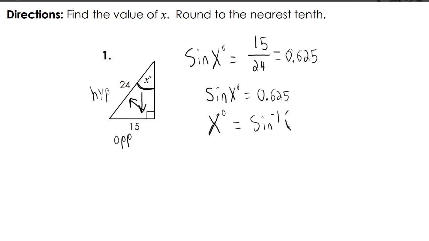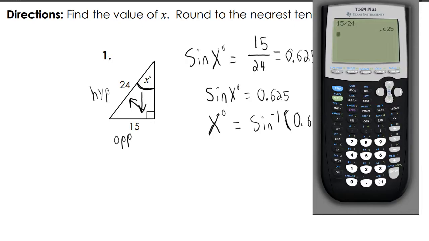Sine to the -1 of 0.625 is equal to the angle x. Well, how do you find that out? Again, just go to your calculator, look at the sine button.